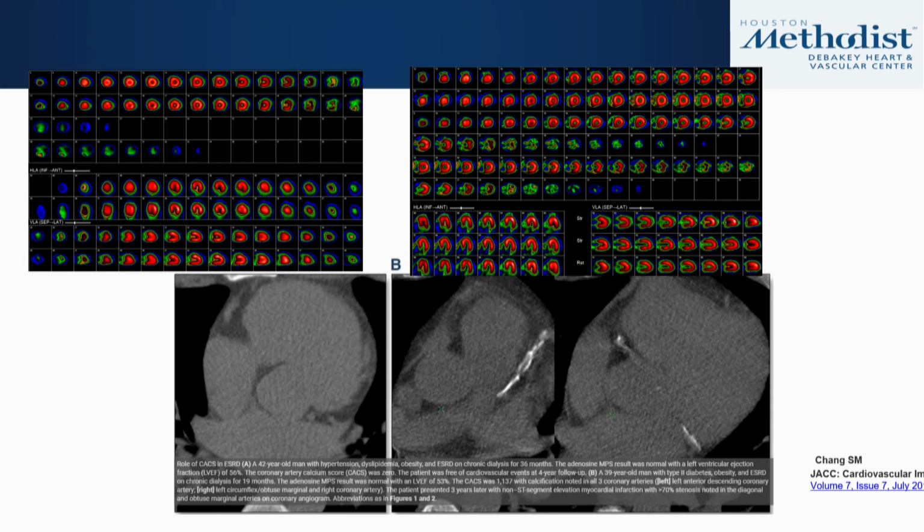He has no calcium, and 4 years after, on follow-up, he's still doing very well, still on dialysis. The other guy was 50 years old, similar risk factors, been on dialysis a little bit longer. The calcium score is over 1,000, and 3 years after a normal myocardial perfusion imaging, he had an event. So we know that with a normal myocardial perfusion imaging, the warranty period really depends on your underlying atherosclerosis burden. The same principle applies to CTA.